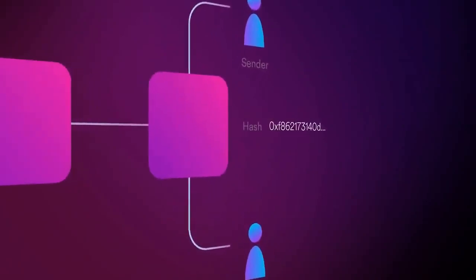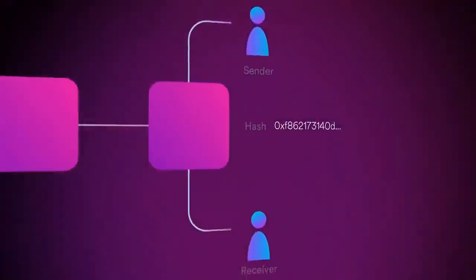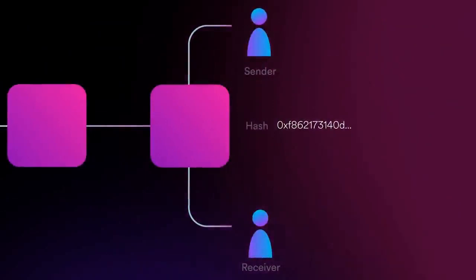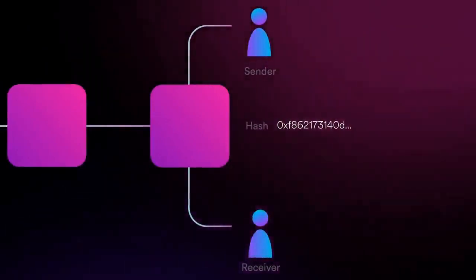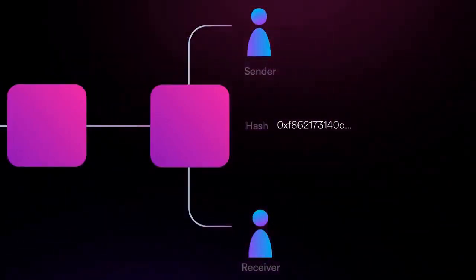And also within this block is a unique hash that identifies this block of transactions along with the hash of the previous block that it's linked to. And it's with this connection of having the previous hashed block that these two blocks are now connected, and this forms a chain, therefore forming the blockchain.